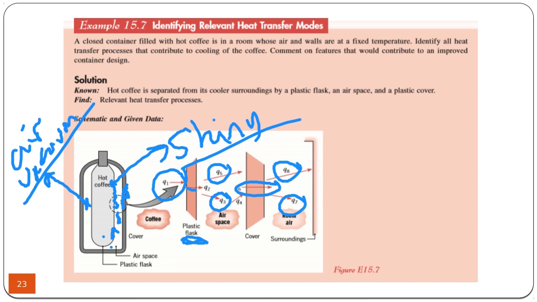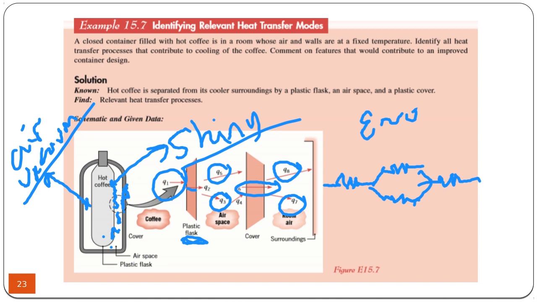As you can see, because of this shiny surface, because of very low emissivity on the inside container, you have a resistance against radiation. Then in the gap, you have a resistance in radiation, also in convection. Then in here, you have a resistance due to the conduction.